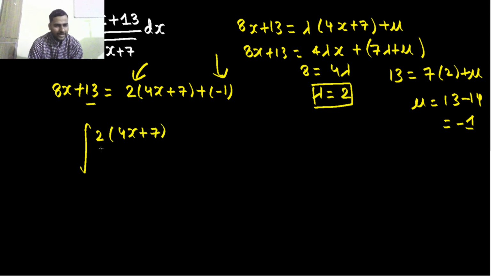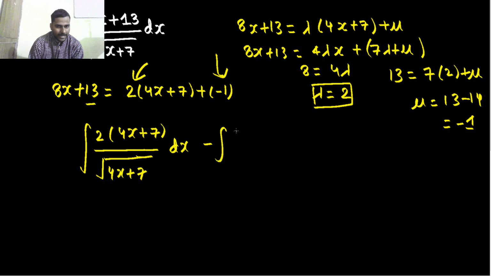Now I can separate in the same step if possible, divided by under root 4x plus 7, and minus 1 divided by under root 4x plus 7.